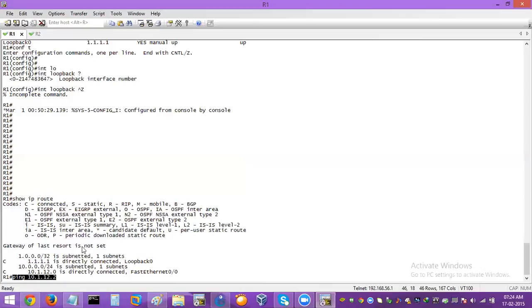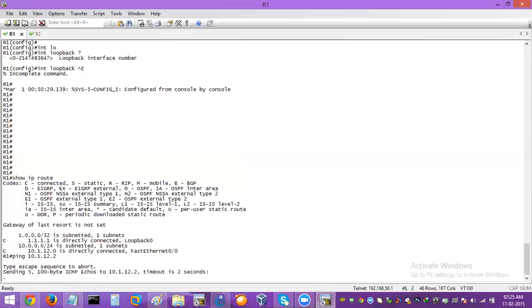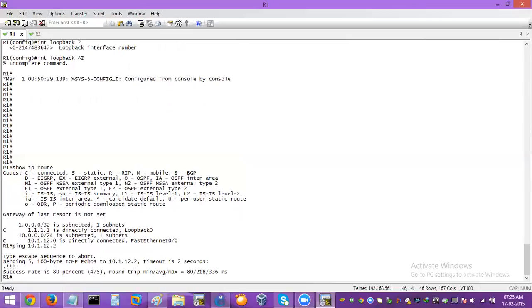It will go through because it's a directly connected network. Yeah, it will ping because it is directly connected. Sorry, I did not check that it's 12 here; I thought it's 10. Here you can see that C 10.1.12.0 is there, and that packet is routed.